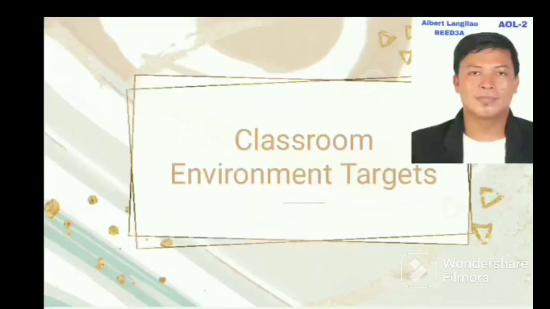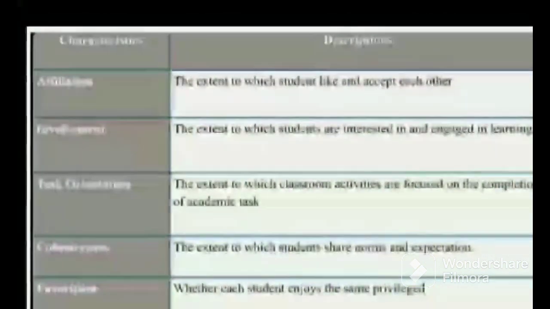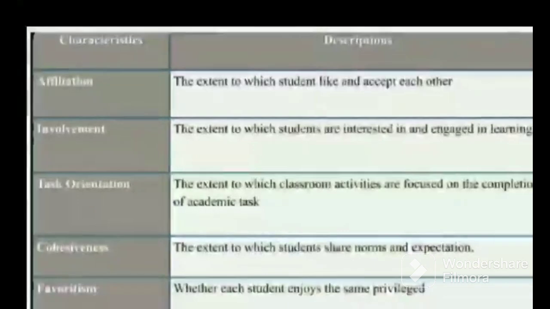It follows that students behave differently as dictated also by the classroom climate. Some show a warm and supportive class while others register as cold and rejecting. There are 9 characteristics with descriptions. First, affiliation: the extent to which students like and accept each other.